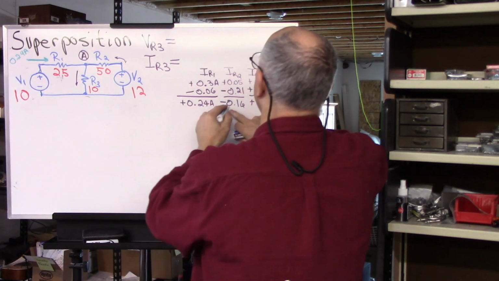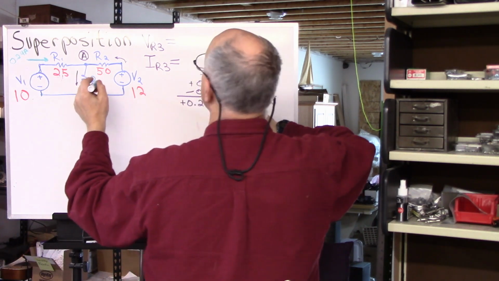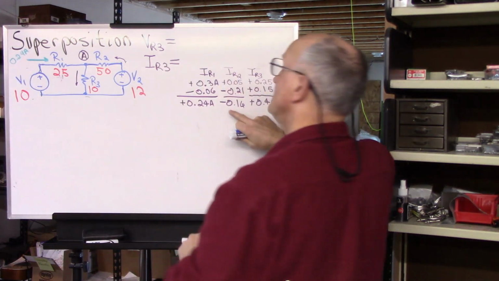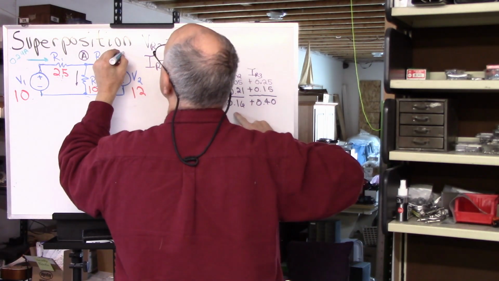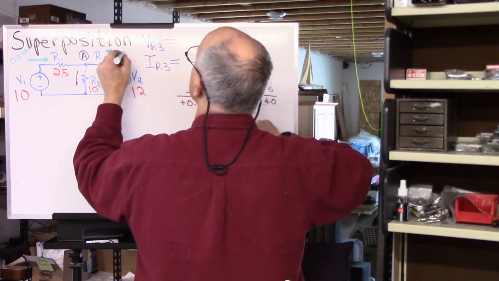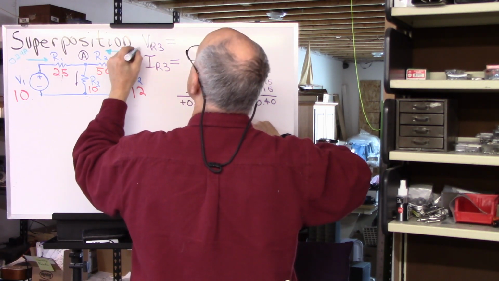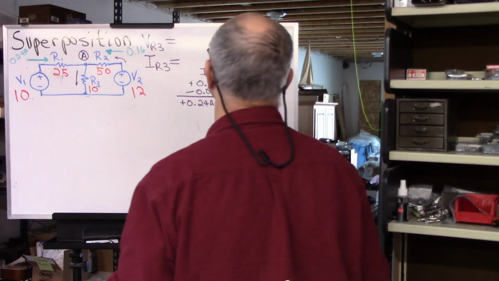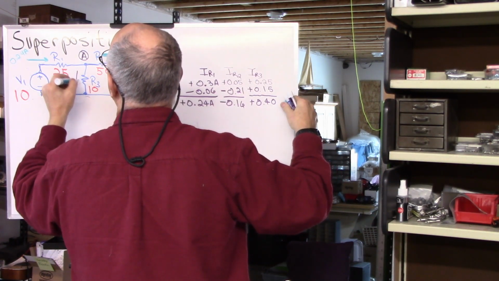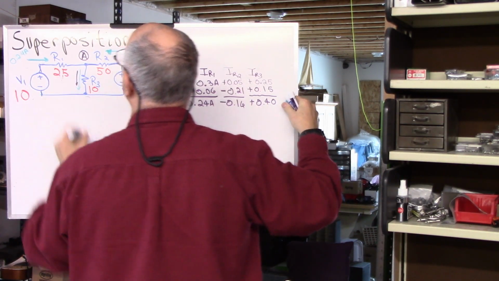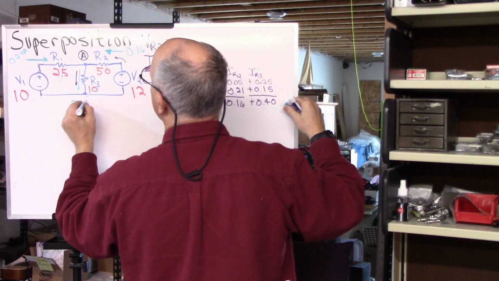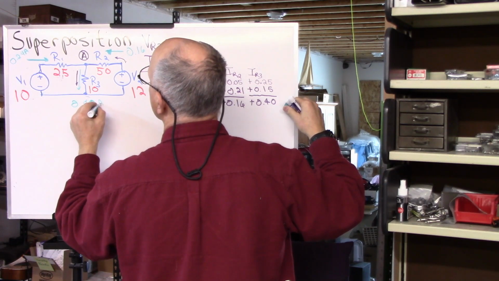There's a current going through R2 in this direction, right to left, because it's negative, remember? So there's a current going through this resistor in this direction, 0.16 amps. And there's a current going in this direction through R3, 0.40 amps.